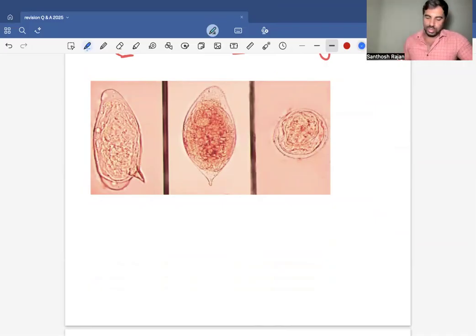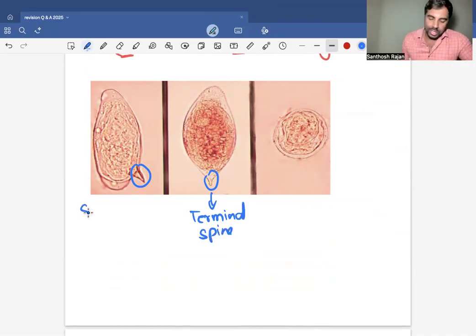Now if they give a picture to identify, there are three important species of Schistosoma. We classify based on the spine only. This one we already told, the terminal spine. Here I'm seeing the spine on the lateral side. Here, a small knob, a nose or knob, I'm seeing in this egg.